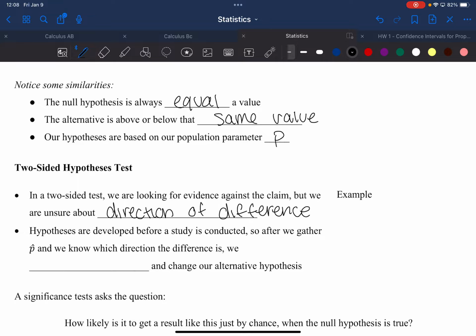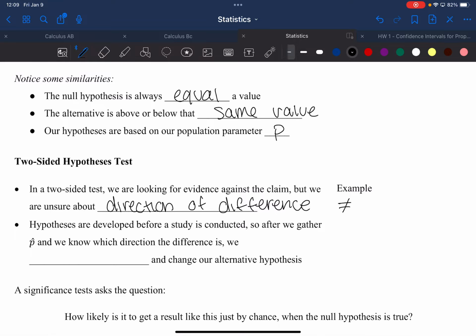What that means is instead of using a less than or greater than symbol, we're going to use a not equal to symbol. In order to prove that something is not equal to, you have to prove that both sides are not equal to each other. So we're using both sides in a hypothesis test when it's two-sided.